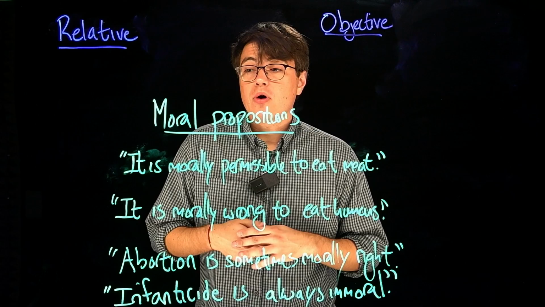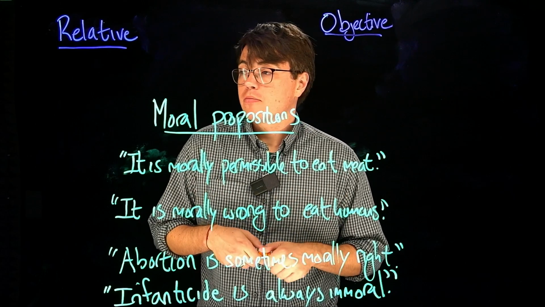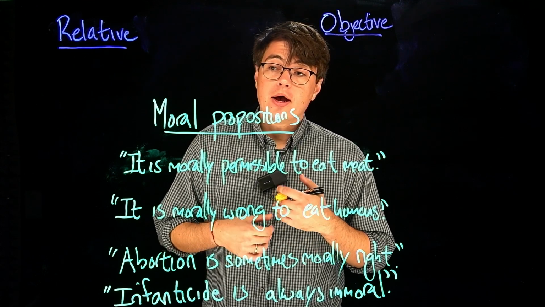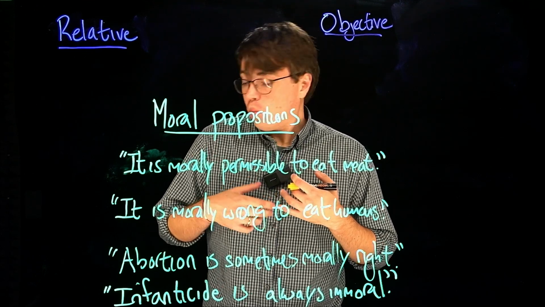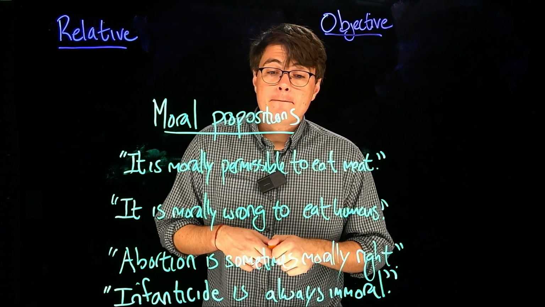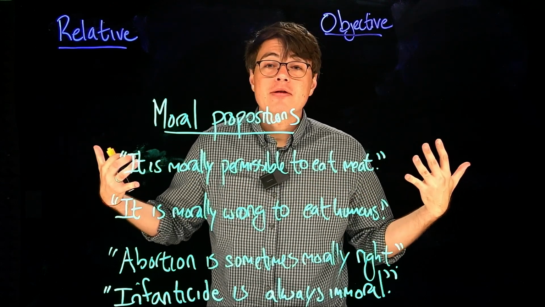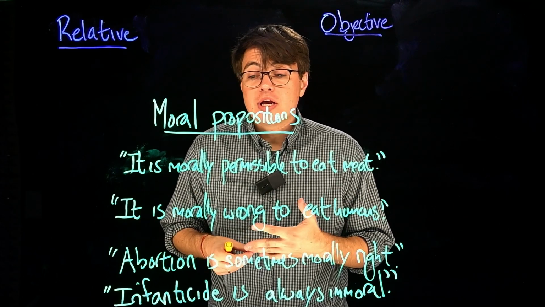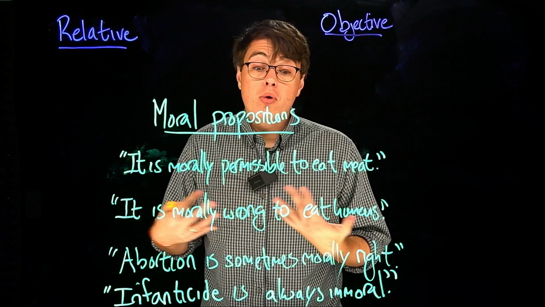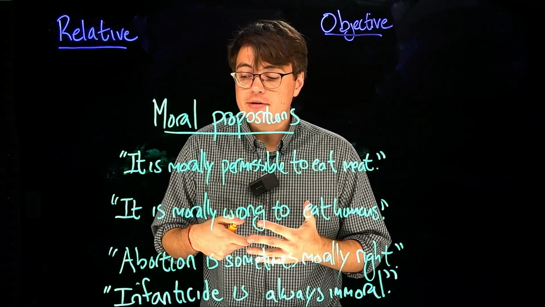Moral propositions are claims about what's right and wrong, about what is good and bad, virtuous or vicious. And here are a few examples of moral propositions. It's morally permissible to eat meat. Here's another one. It's morally wrong to eat humans. Here's another one. Abortion is sometimes morally right.